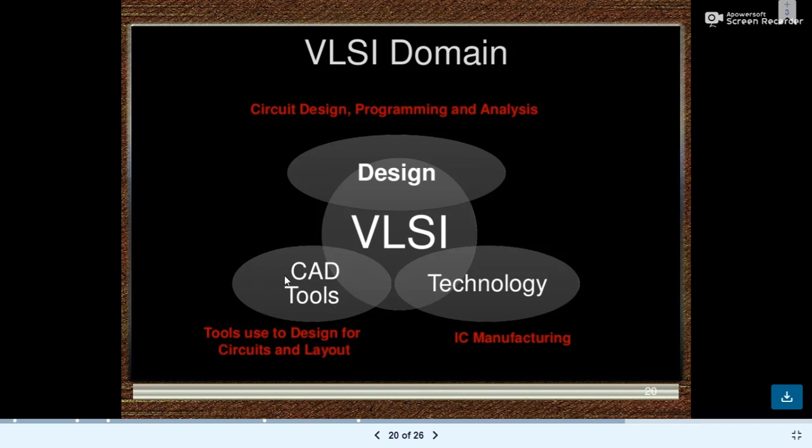We need to use tools to design VLSI circuits and layouts, and then there is the technology, IC manufacturing. So VLSI is distributed over these three factors: you need to design circuits, program them, analyze them, use tools for design and circuit layouts, and finally the technology manufactures the IC. This is how the VLSI domain is.